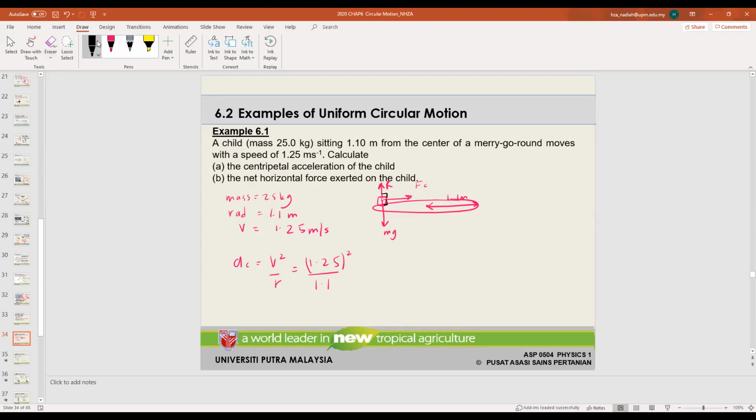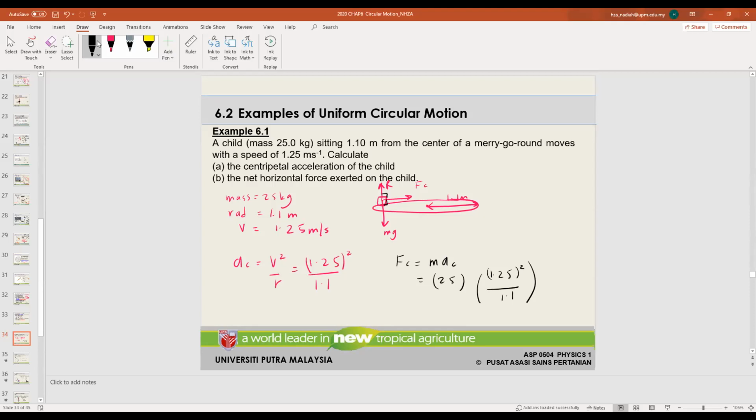So it cannot contribute, there is no angle. If it is 90 degrees it cannot be resolved. Okay, so Fc just means m ac. So this becomes 25 times my ac, 1.25 squared over 1.1. So that is my horizontal net force exerted on the child, which is the centripetal force.